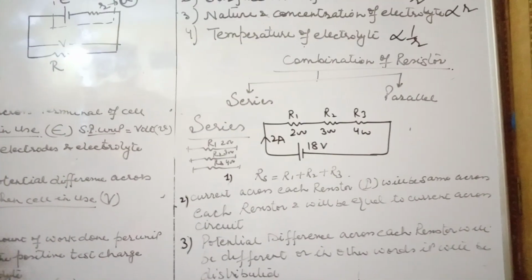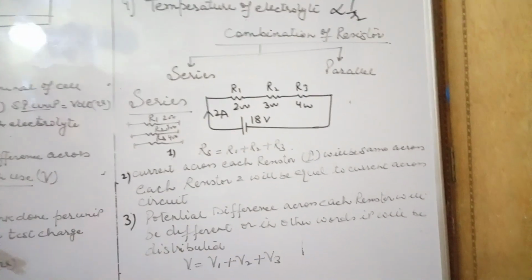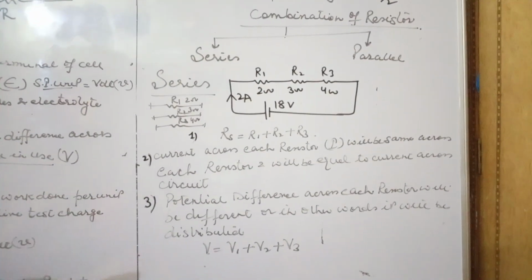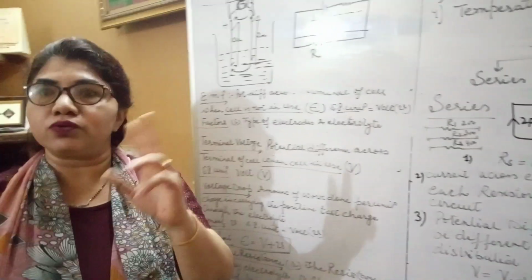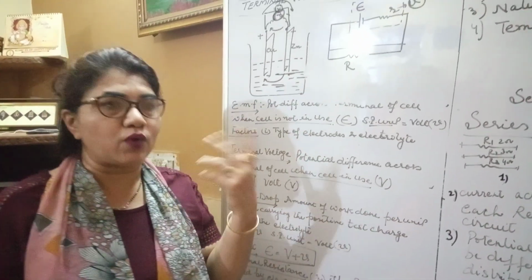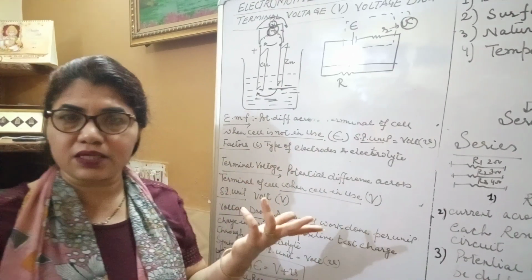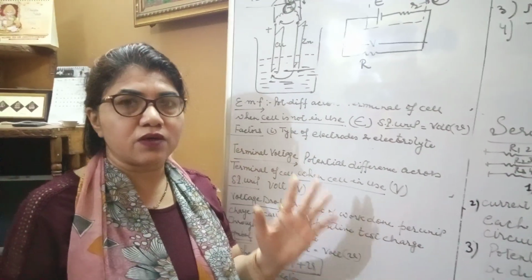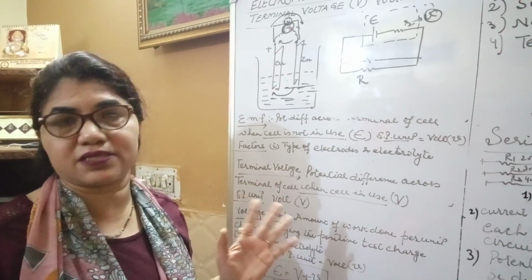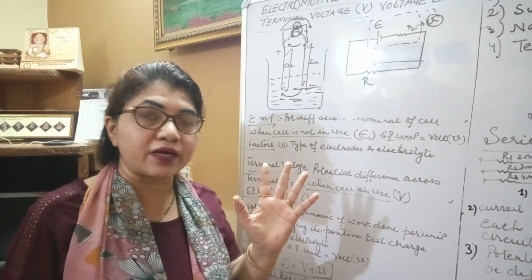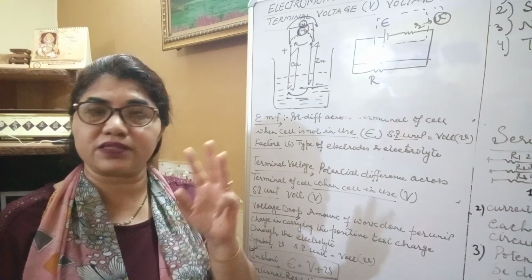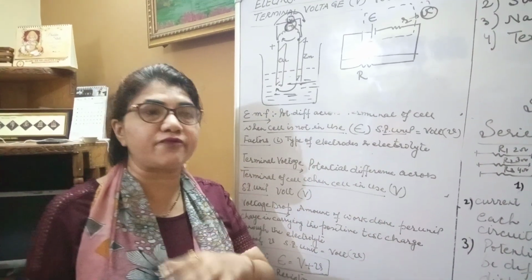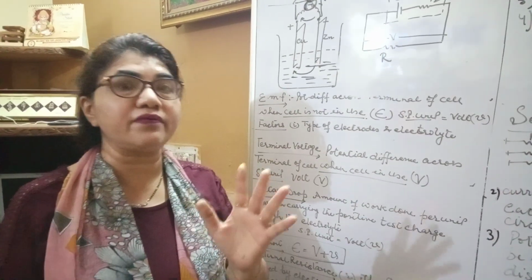Next topic is combination of resistors. You have observed in your house, in one room, there are connected two tube lights, one fan, one 3-pin plug, one AC, like that. Different appliances we have connected. So all appliances have their own resistance. So if we connect 3 bulbs in one room, then we will consider 3 resistors. If we connect 5 appliances, we will consider 5 resistors.